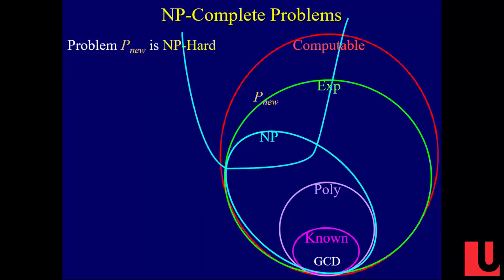All right, so now we're going to talk about some way of saying that it's hard, right? Any problem that's in poly time is in NP. Why? Because if you can solve it on your own, you don't even need a fairy godmother, right? Oh, and by the way, also, if it's in NP, it's in exponential time.